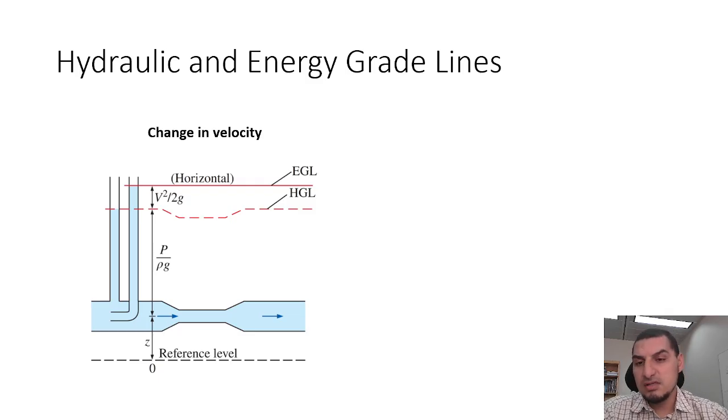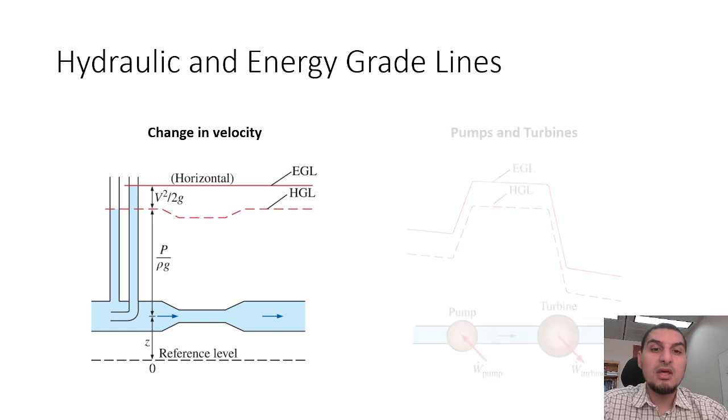And as the velocity increases, the pressure will decrease because the flow work is converted into kinetic energy. So this is what you see here. The total energy is the same, assuming that there are no losses, of course, but the kinetic energy decreases and re-increases again. So this is a good thing to see here, to get a better understanding of how the energy is changing and how it transfers from one form to another.